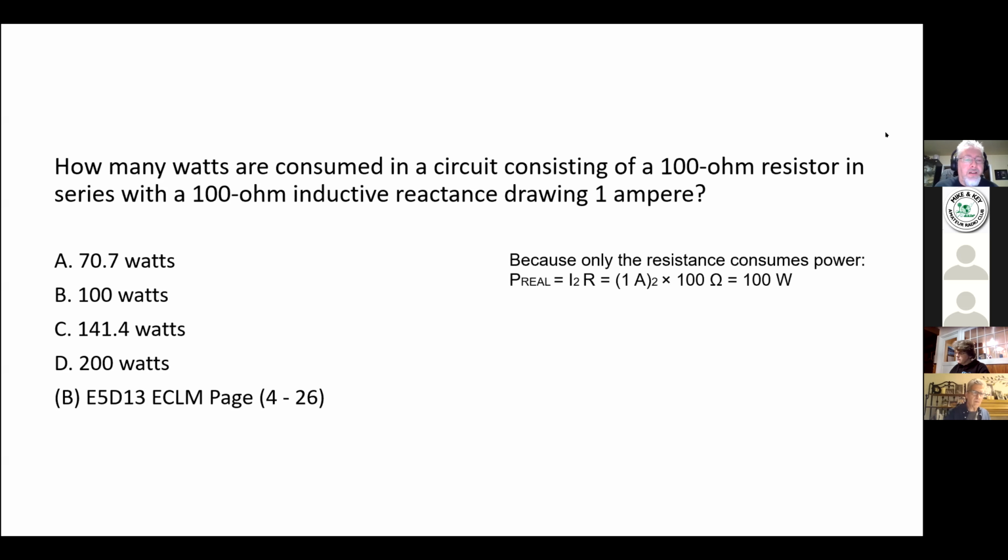Bravo is correct because only the resistance consumes power. Power real equals I squared times R, so 1 amp squared times 100 ohms gives you 100 watts.